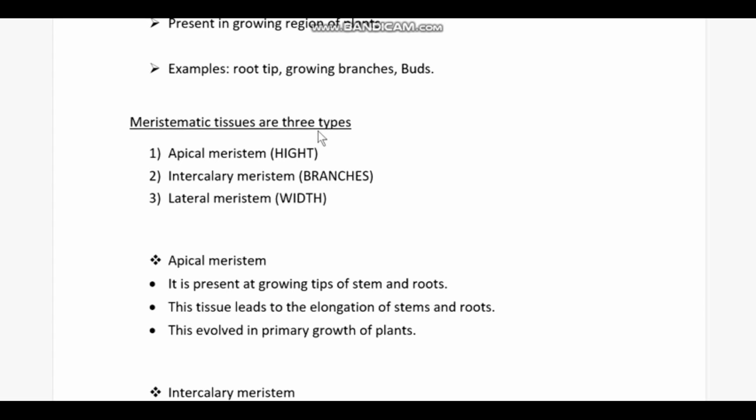Meristematic tissue has three types: apical meristem, intercalary meristem and lateral meristem. Apical meristem helps in elongation of stems and roots, meaning it helps in growth of height.